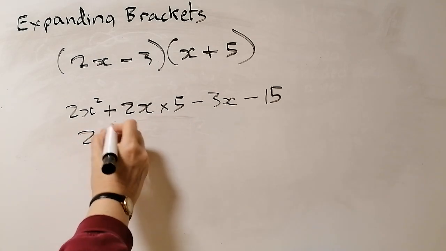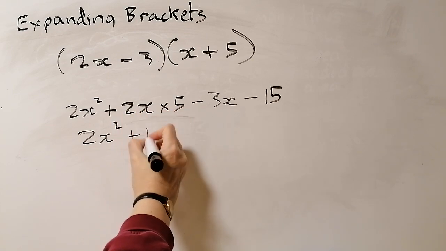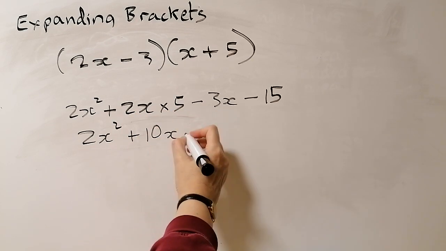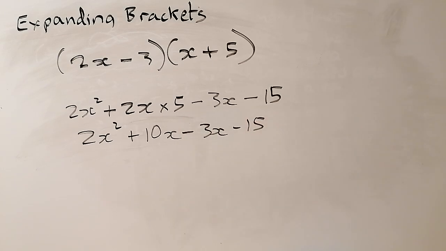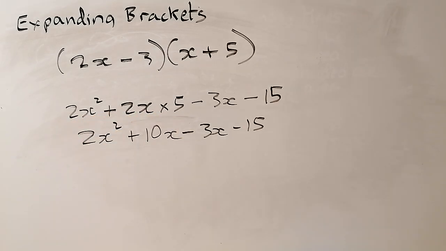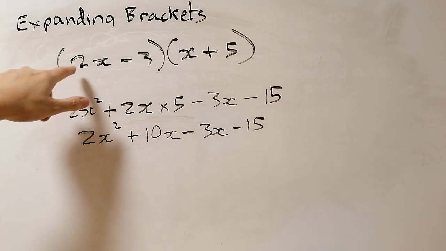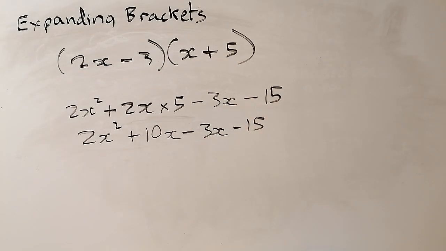So 2x squared plus 5 times 2 is 10 times x is 10x minus 3x minus 15. The reason I did that is to show you why we have to multiply the 2 times the 5, because we've got a number 2 in front of the x and a 5 there. So we've got to multiply the numbers together and then multiply it all by x.